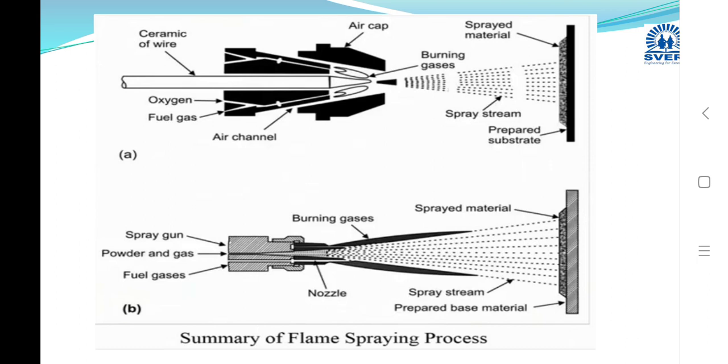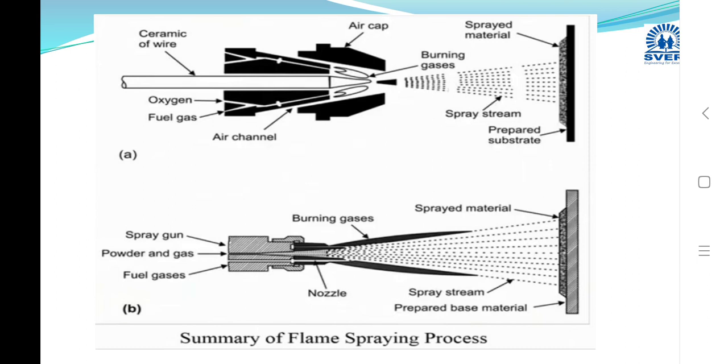But it cannot be applied for depositing high melting point materials like molybdenum, titanium, or carbides, nitrides, or oxides. Those coatings cannot be achieved by the flame spray process, which can be applied for the deposition of metallic, particularly low melting metals.